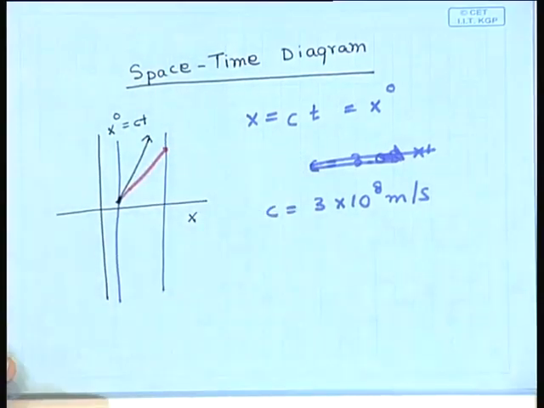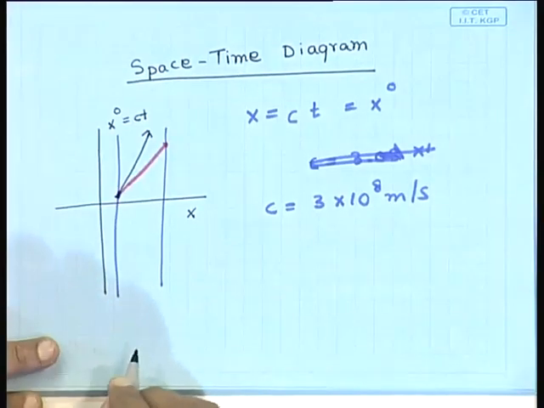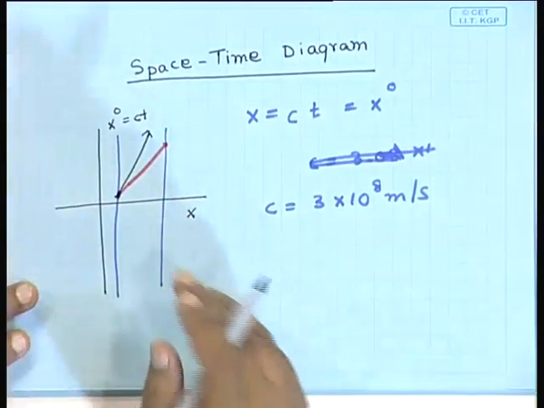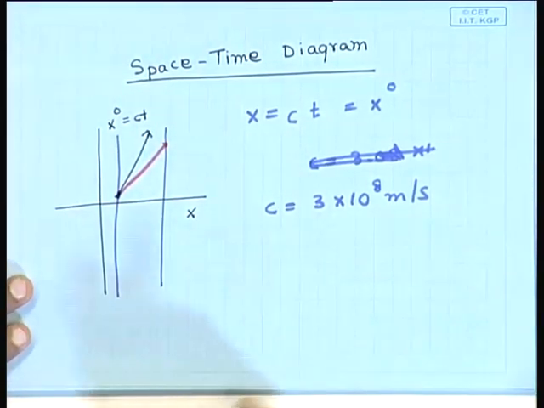Now, this is a space-time diagram. Now, in this 4-dimensional space-time, we have a generalized concept of the length called the interval. So, let me define what the interval is. Consider two events.